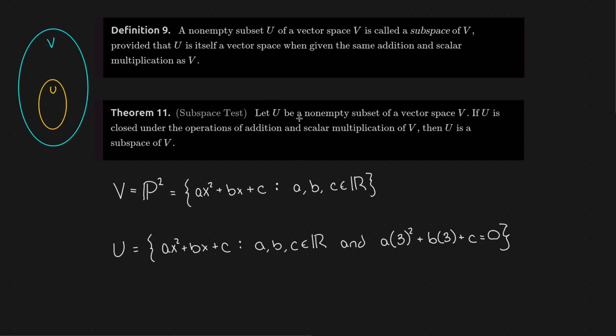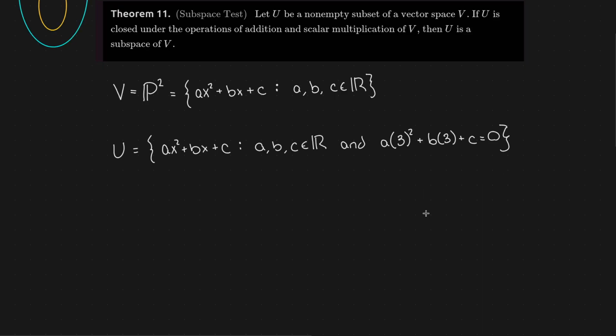So first off, let's check if we satisfy the conditions. The very first thing we need to do is make sure that U is a non-empty subset of V. Well, the subset part's easy. Clearly, U is a subset of V. Why? Because every element in U is also in V. V is all of the polynomials degree 2 or less with real numbered coefficients.